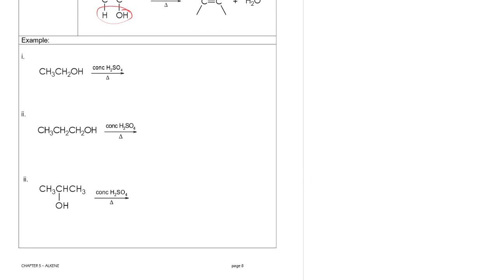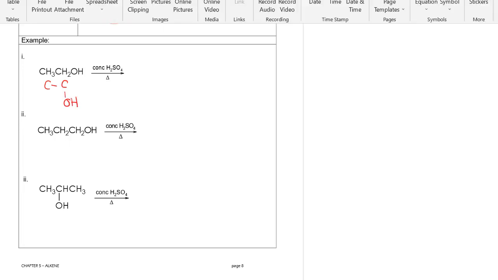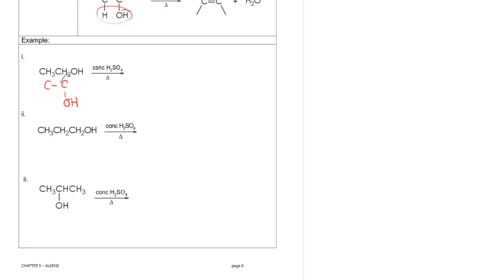How to determine the product? First we need to find the carbon attached to OH. So this is the carbon attached to OH. We look at how many carbons this carbon is attached to. This carbon is only attached to one carbon.